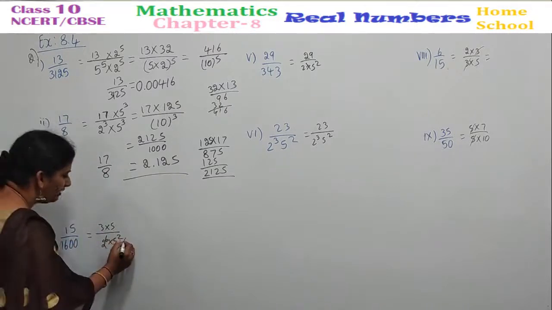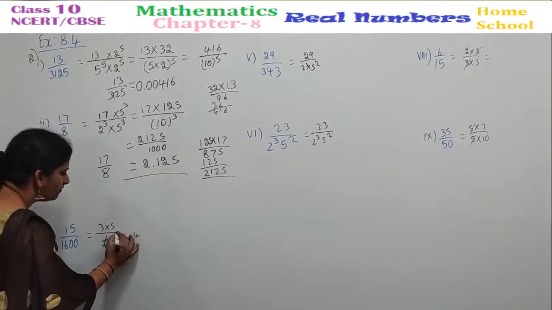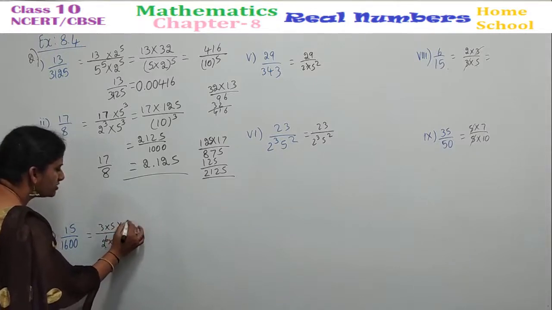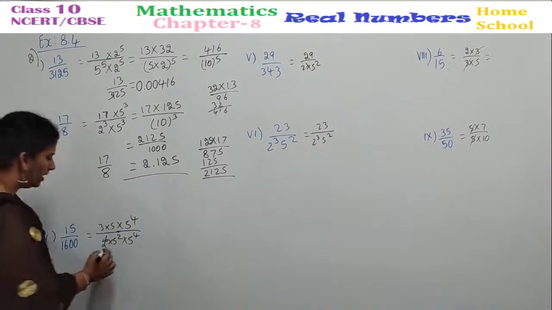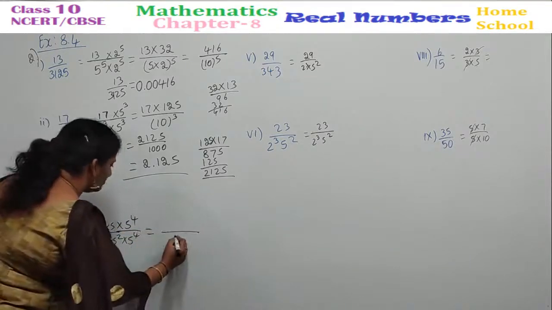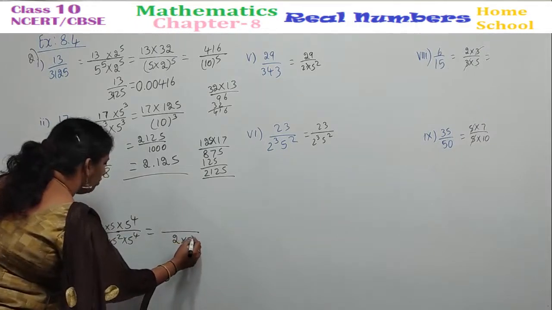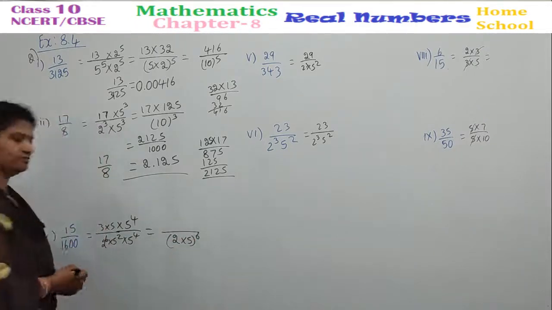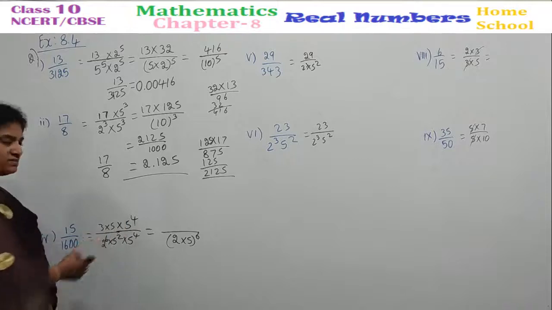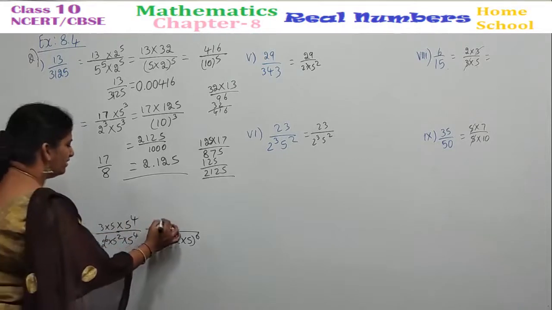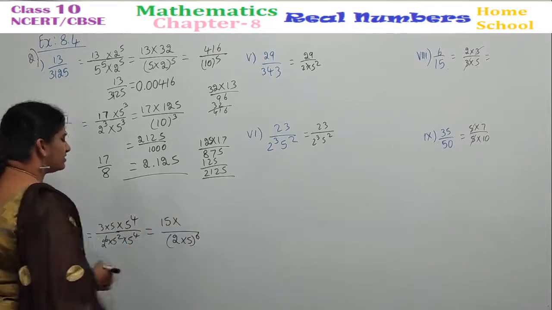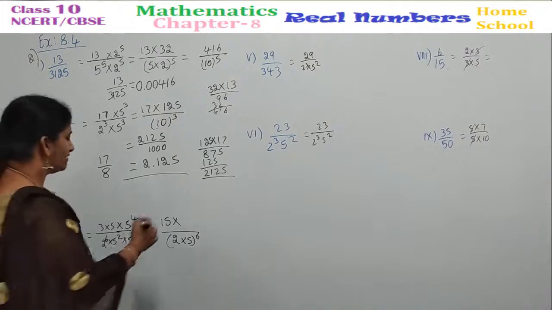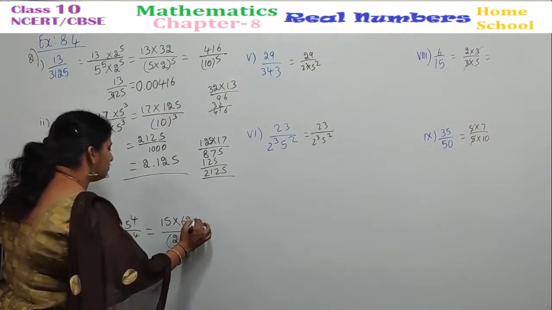So multiply 5 power 4 for numerator and also denominator. Now what does the denominator become? 2 into 5 whole power 6. Now numerators multiply. 5 3s are 15, 5 5s are 25, 25 25s are 625.